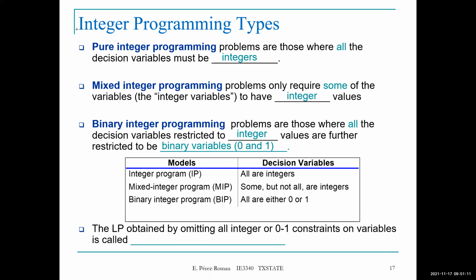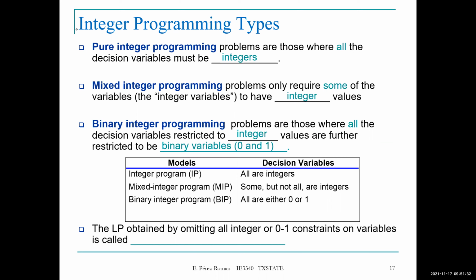But that's not the case for all of them. The problems that you saw in the formulation lecture have that structure in place, in which you can obtain binary decision variables without having to force them to be integer. But that's not the case for most integer programming models.